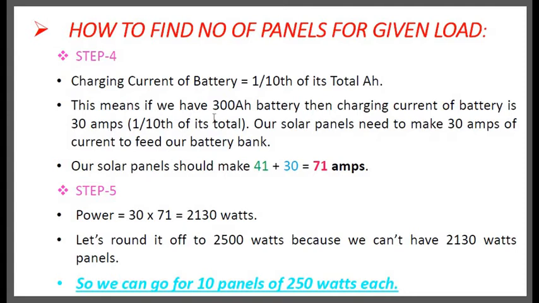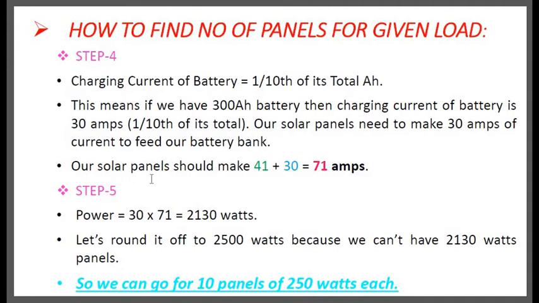This means if we have a 300 ampere hour battery, then the charging current of the battery is 30 ampere, 10% of this total ampere hour rating. So our solar panel needs to make 30 amperes of current to feed our battery bank. So 30 ampere current is required for the battery to get charged.